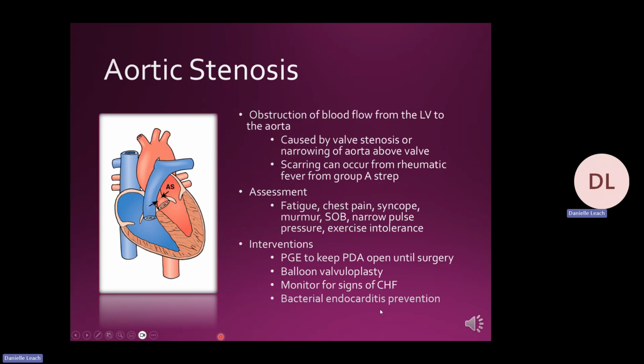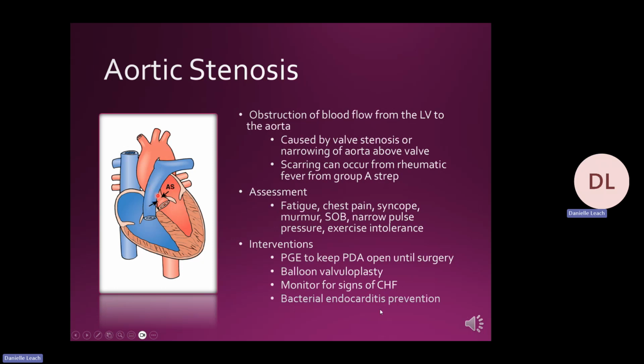Aortic stenosis. What aortic stenosis is, is some sort of obstruction of blood flow coming from the left ventricle into the aorta. This can be caused by valve stenosis. So the aortic valve here can be stenotic, which means it can be narrowed. It's basically just not functioning properly.